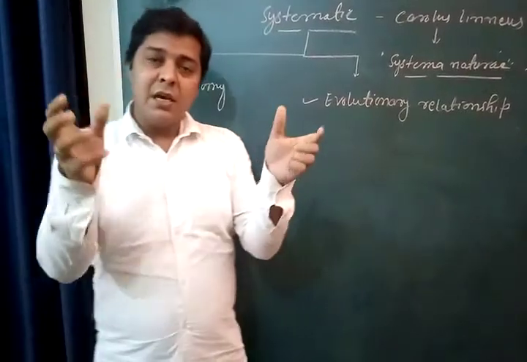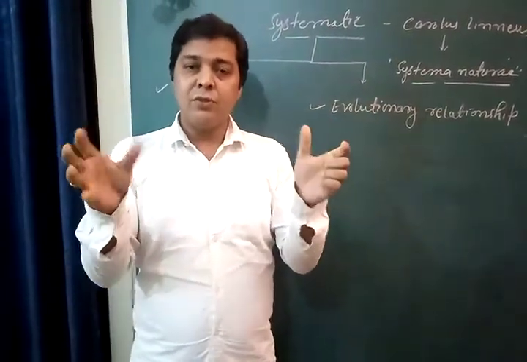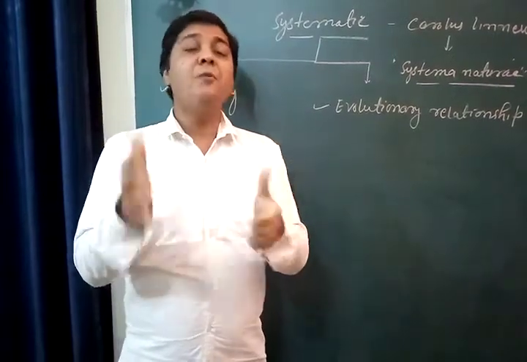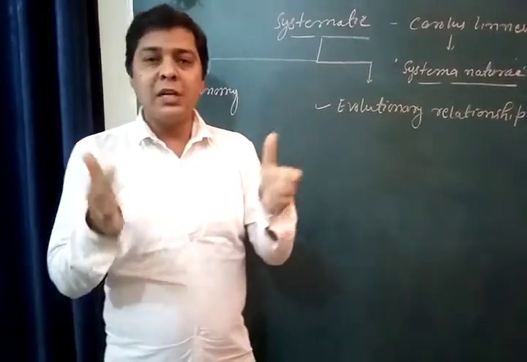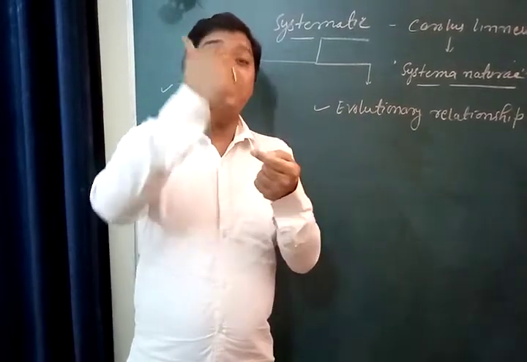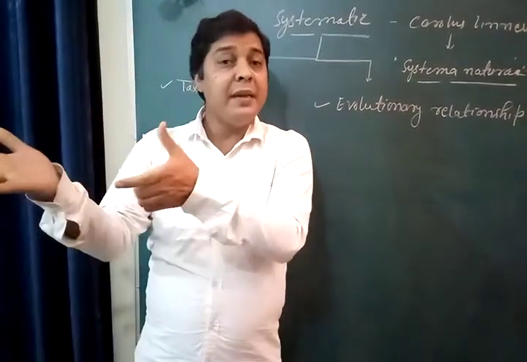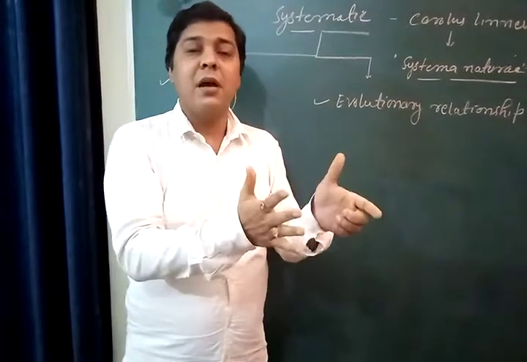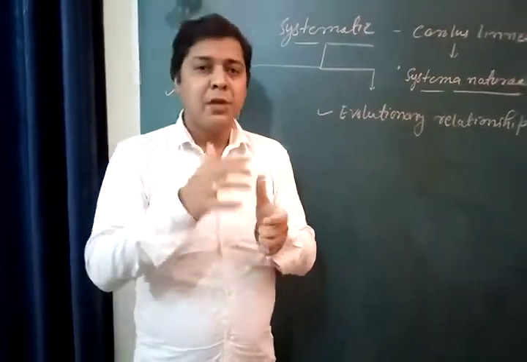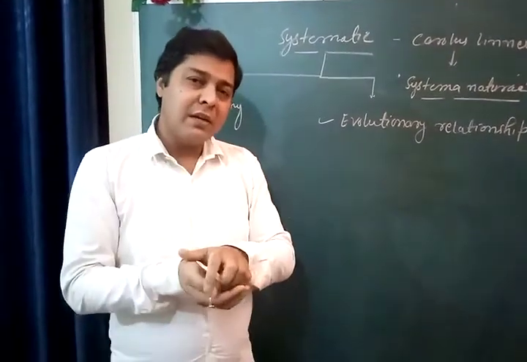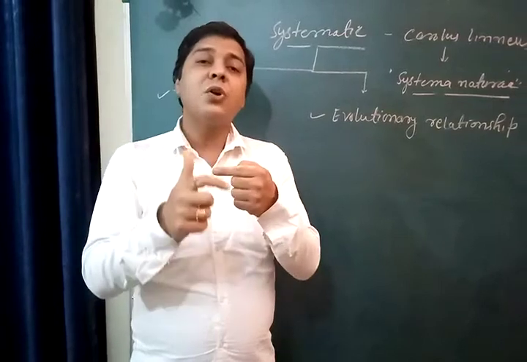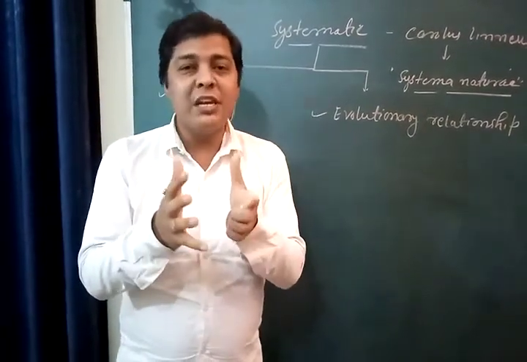So children, if we compare two or more organisms with each other, how closely they are related, who is the ancestor, how many characters are similar and how many are not similar among them, this is a simple comparison to find out the close relationship.